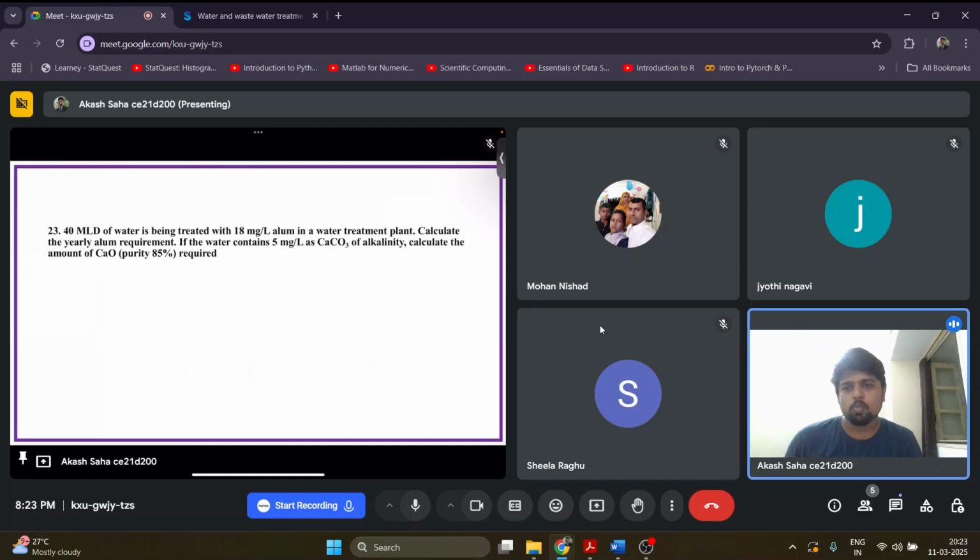So for 40 MLD, what will be my alum requirement per year? So here for 1 year they have asked. And then it is saying the water itself is having an alkalinity of 5 milligram per liter as CaCO3. So what is the extra alkalinity or calcium oxide we have to add to balance the alkalinity?